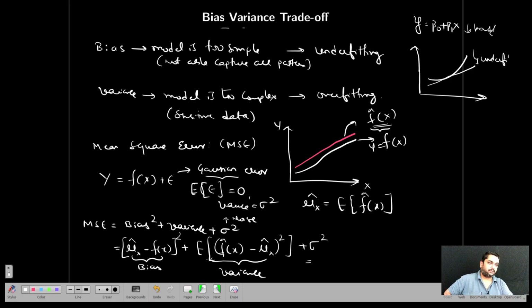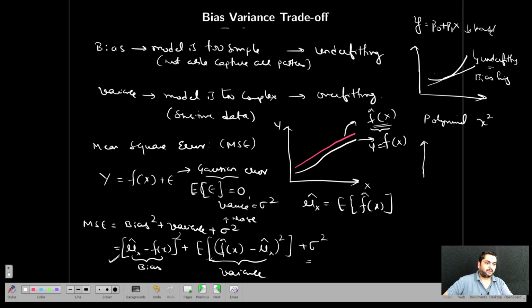It is not able to capture all the data points. At some point it may capture here, but not all points. So the bias is high here, and the model is simple. It's not able to capture all things, so it is underfitting.